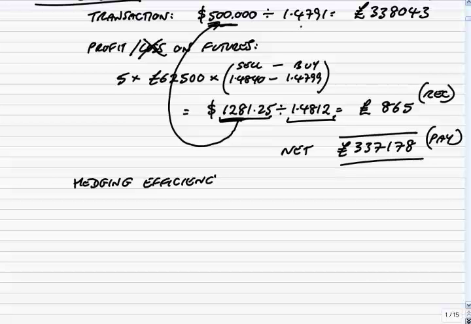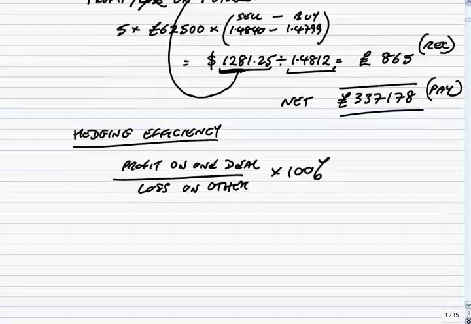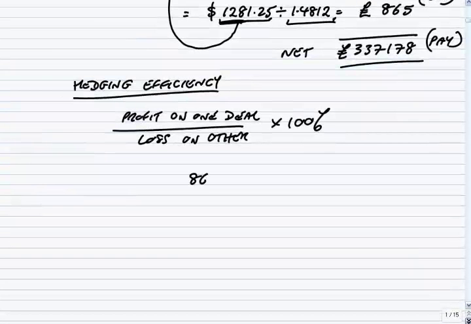I gave you the formula earlier. It's the profit on one deal divided by the loss on the other, as a percentage. Well, here again, it was the futures made the profit. We made a profit of 865.